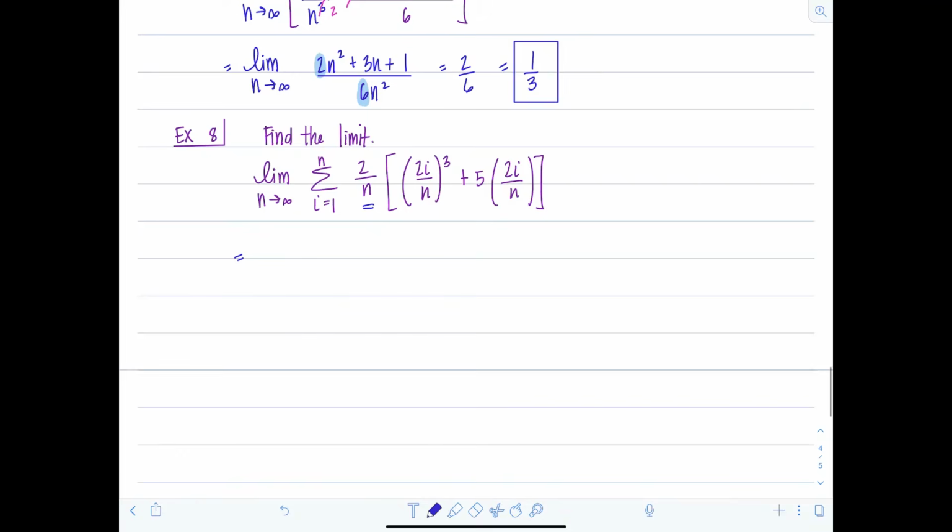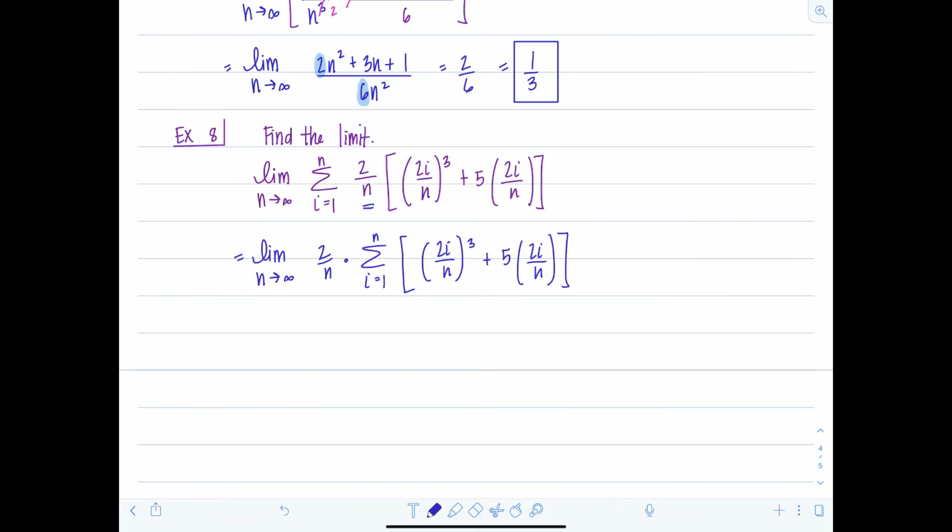So this is equal to the limit as n approaches infinity of 2 over n times the sum i equals 1 to n of (2i over n)^3 plus 5 times 2i over n.